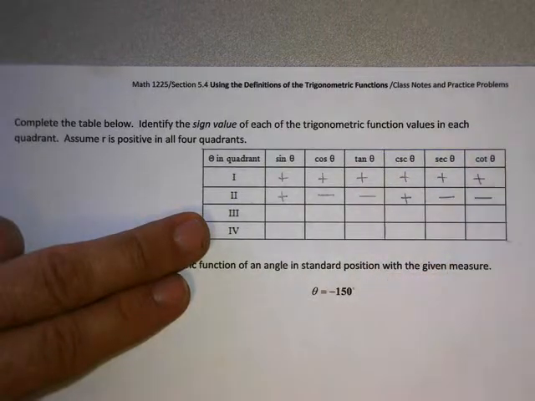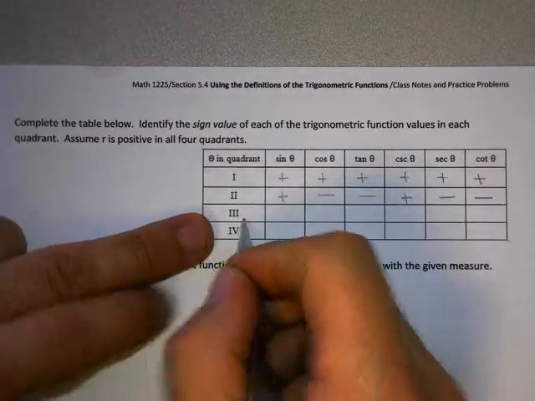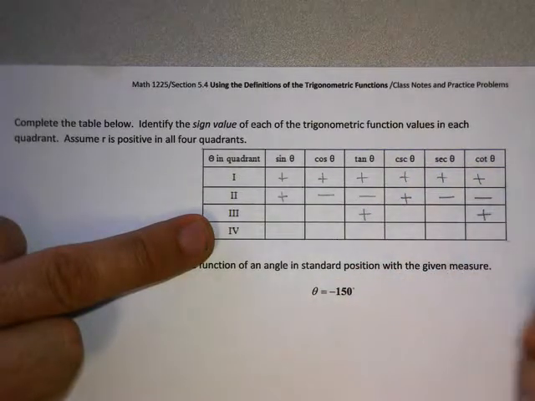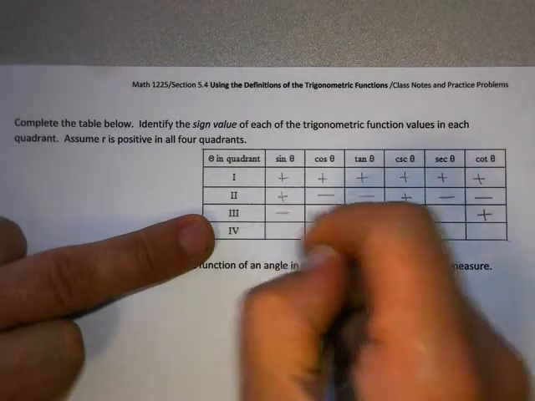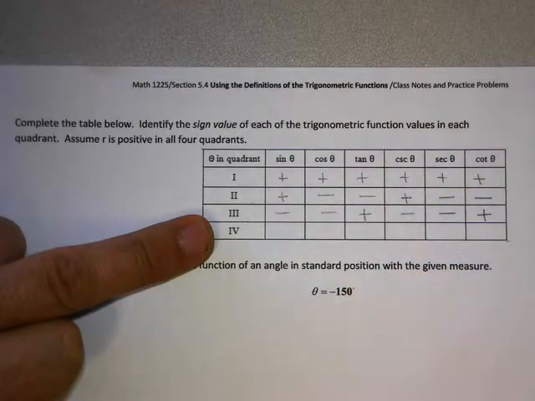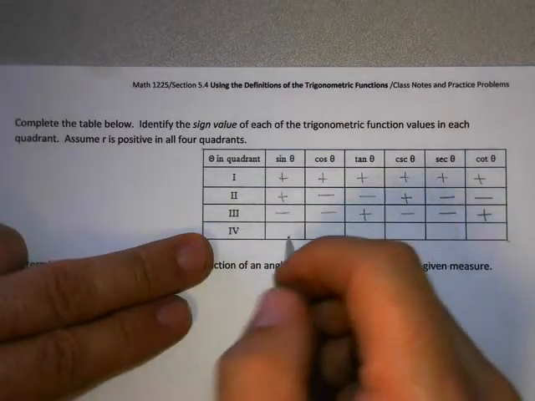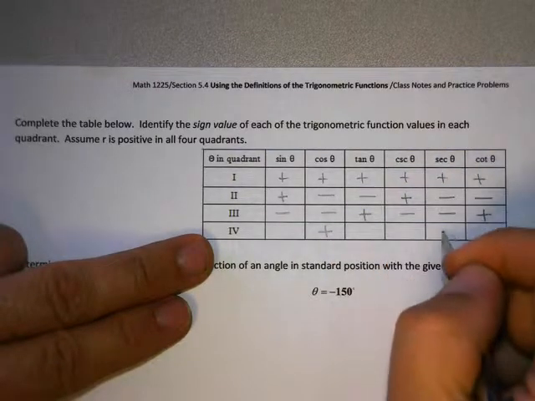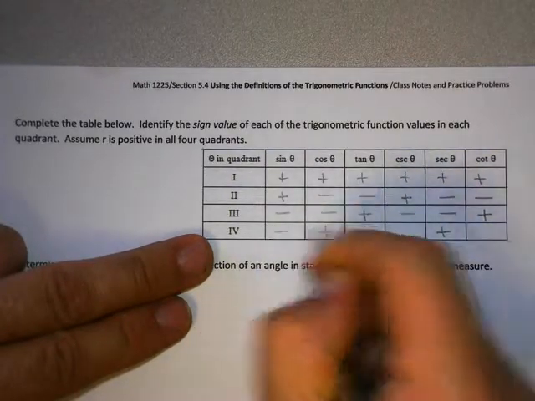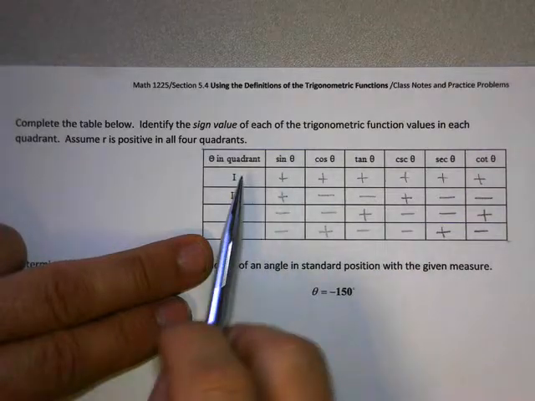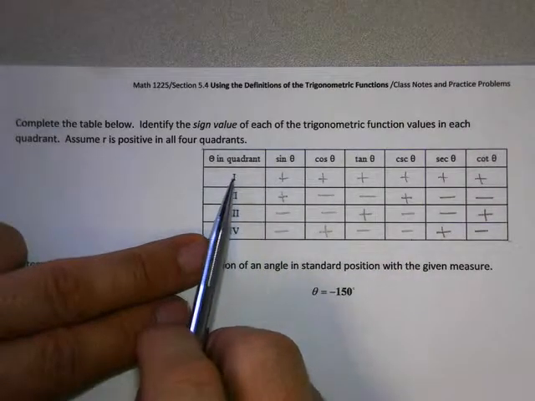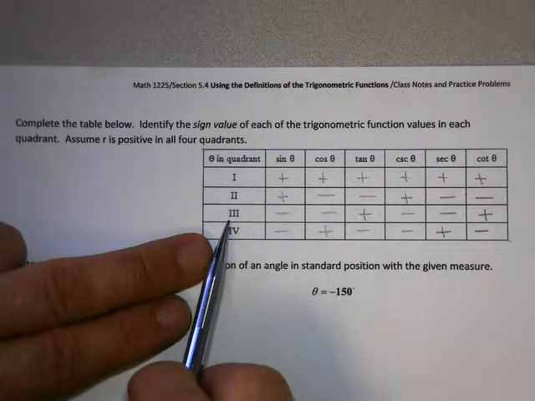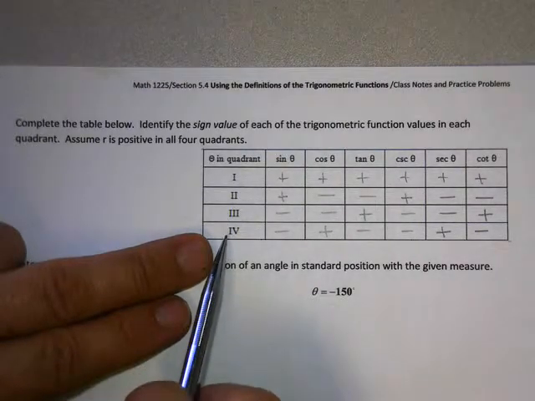In the third quadrant, tangent's positive and its reciprocal, cotangent, the other ones are going to be negative. And in the fourth quadrant, cosine is positive, and its reciprocal, secant, the other four are going to be negative. So notice the first quadrant you have 6 positive, the second 2 positive, 4 negative, third 2 positive, 4 negative, and the fourth 2 positive, 4 negative.